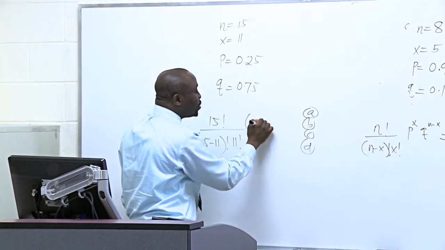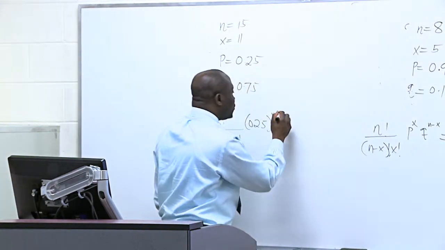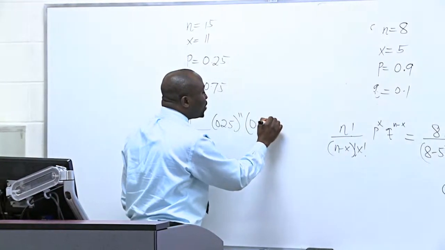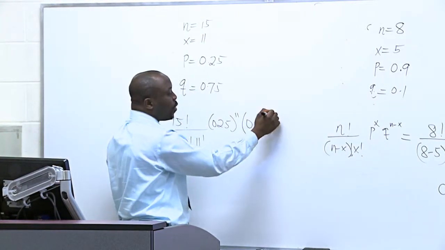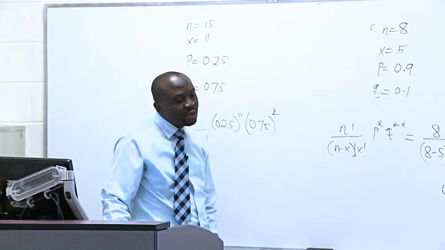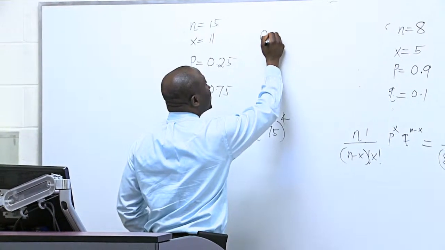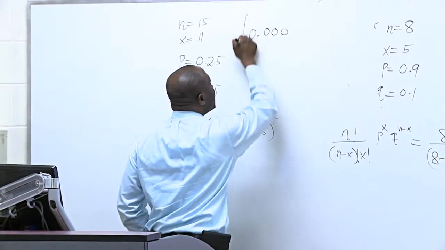And this is going to be 0.25 to the power 11. And Q, probability of failure, to the power what? 4. So take your calculators and help me out because I don't have one. 0.000. That is right.